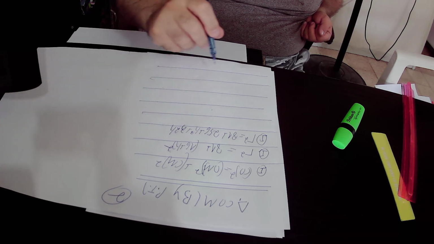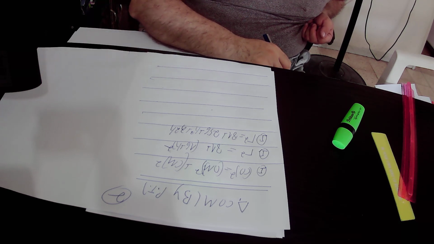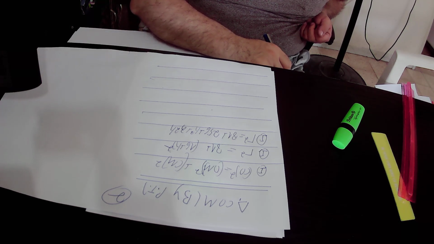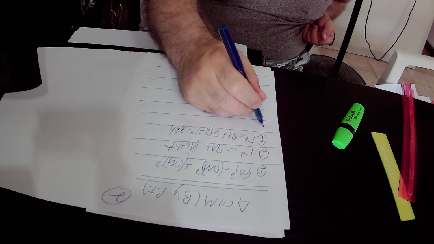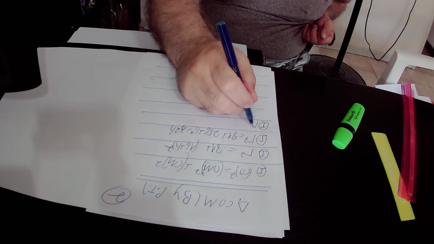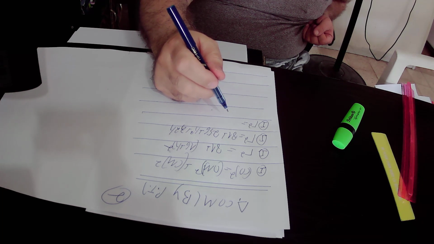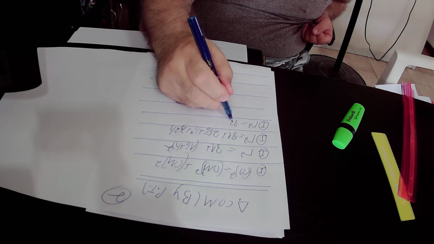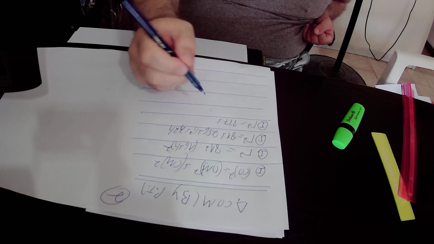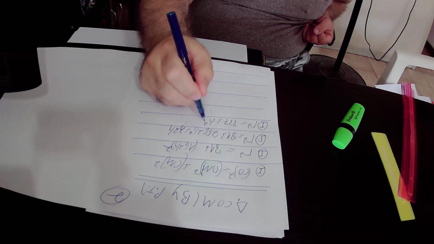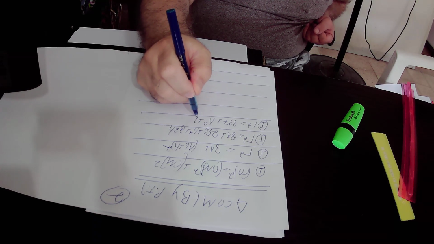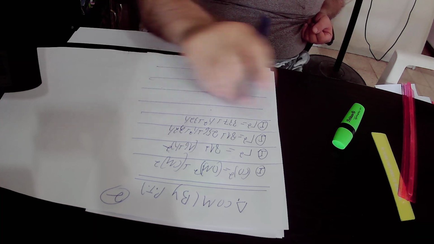So in conclusion, R squared equals 81 plus 256 plus H squared plus 32H. So actually, according to equation number 1, R squared equals 81 plus 256, which is 337, plus H squared plus 32H.